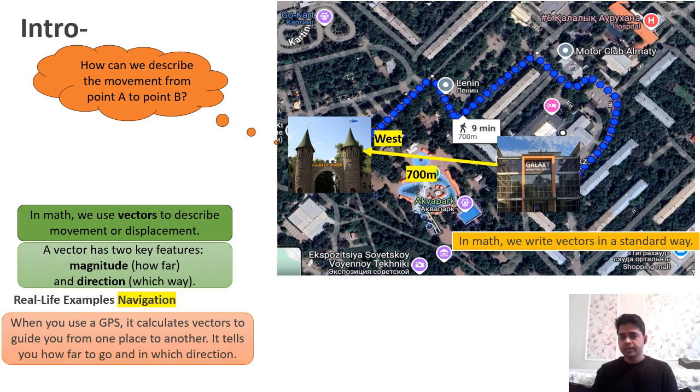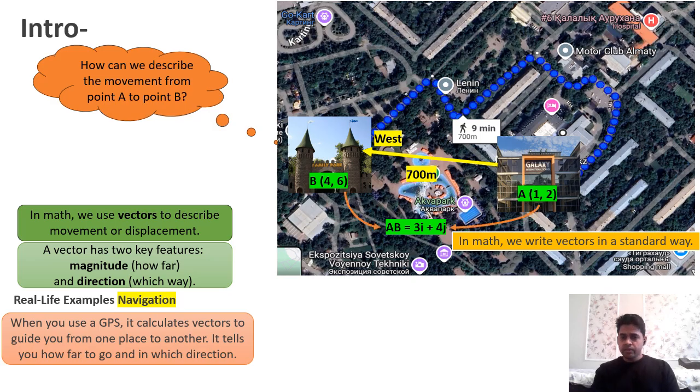In mathematics, there is a standard way to represent vectors. If I say I have a point A which is (1, 2) and a point B which is (4, 6), it means we have two coordinate points. I can represent this vector in a standard way, like AB is equal to 3i plus 4j.